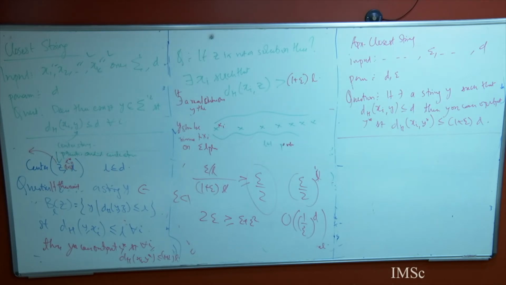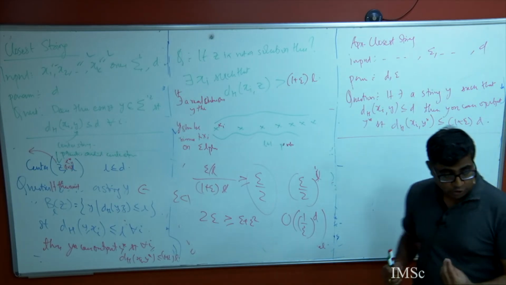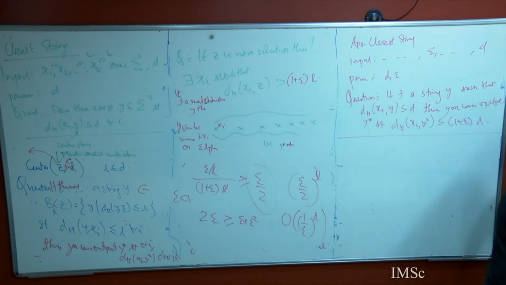So what does this algorithm tell us? That look, if I have a center string which is close to all my strings, then I can produce a string which is not too far away, in time proportional to 1 over epsilon. So for example, if you wanted a 1.1 approximation, then this is a C power D algorithm, like a fixed constant to the power D algorithm, right?